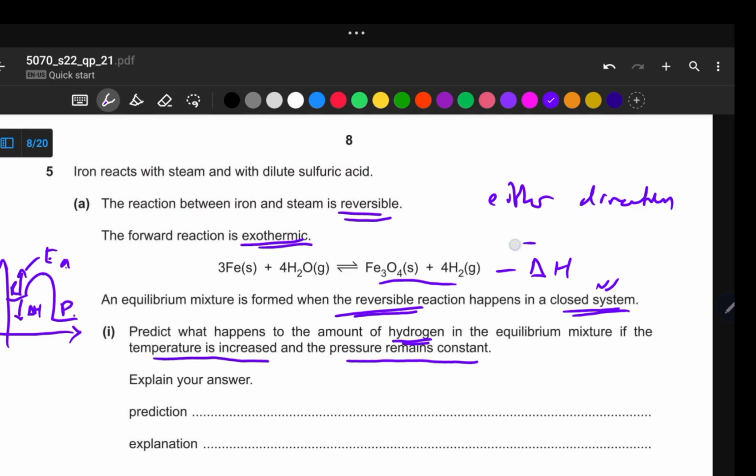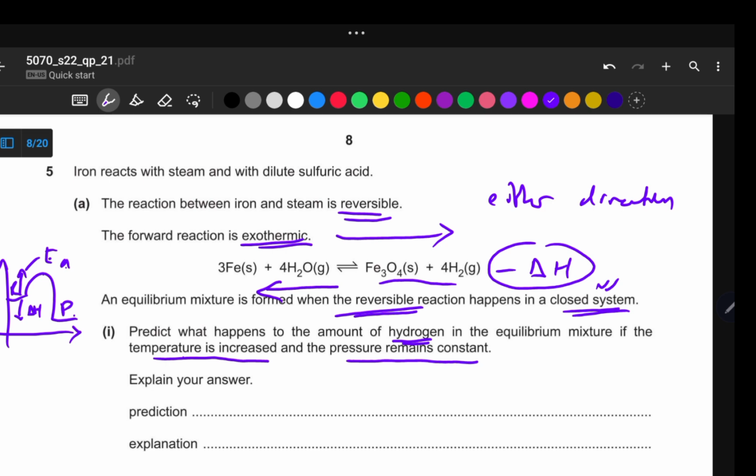So this one is an exothermic reaction, right? And then we are told that we are going to increase temperature. So this forward reaction is an exothermic reaction. So if we are to increase temperature, we're going to favor the endothermic direction so that we can reduce the effect of the temperature, right?